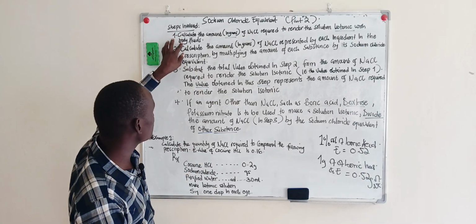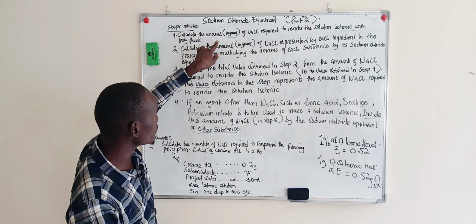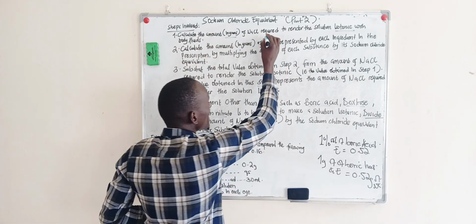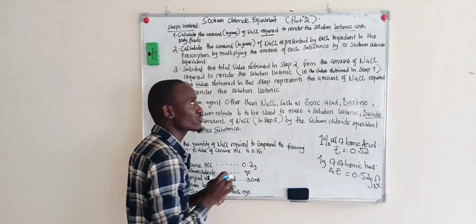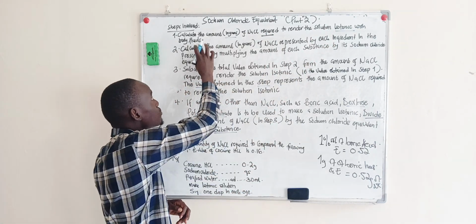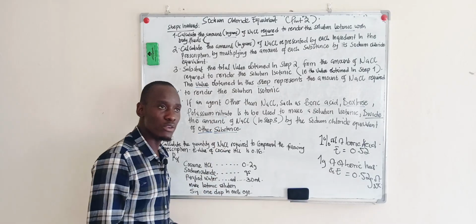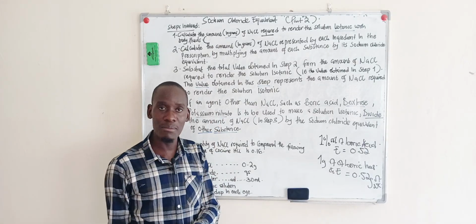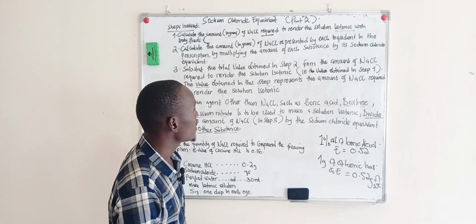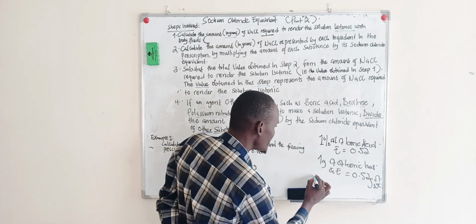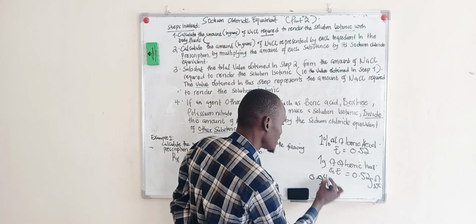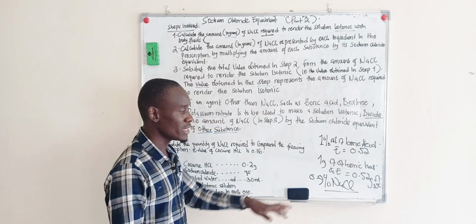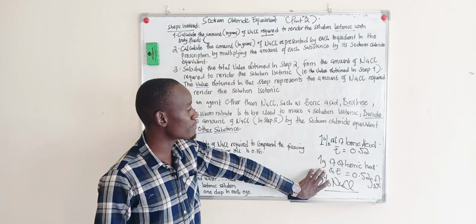So the first step, we calculate the amount in milligrams of sodium chloride required to render a solution isotonic with body fluids. Remember, when we talk about body fluids, we mean either blood plasma or lacrimal secretions or tears. So we know that 0.9% sodium chloride is isotonic with body fluids or blood plasma.